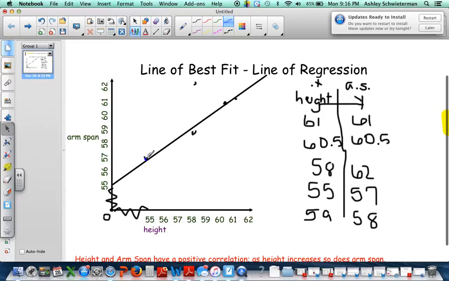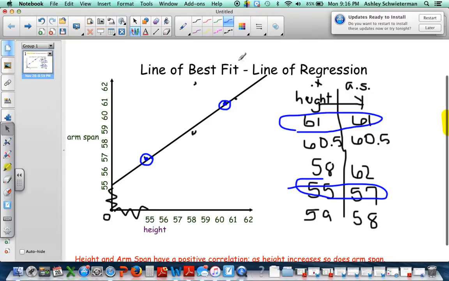So, here is a point, and we're going to use this as a point. Like this one was 161.